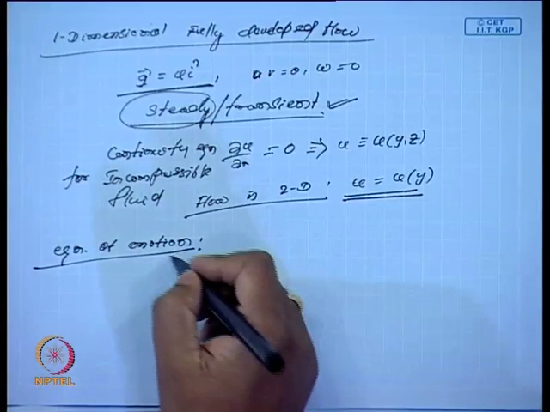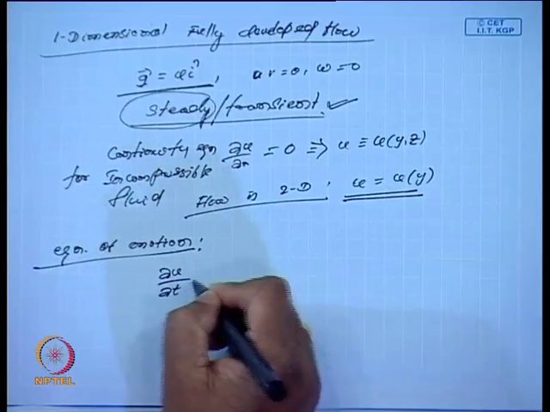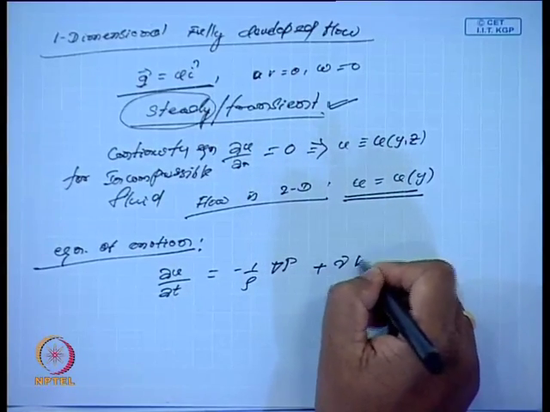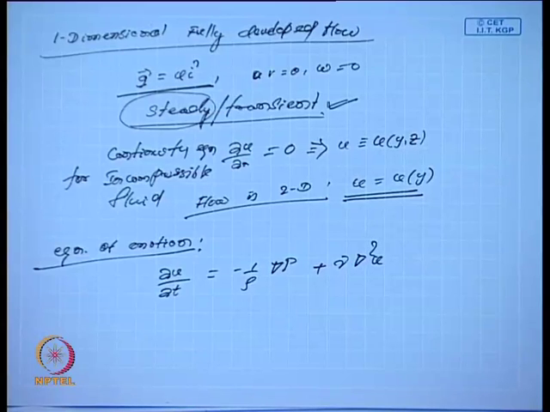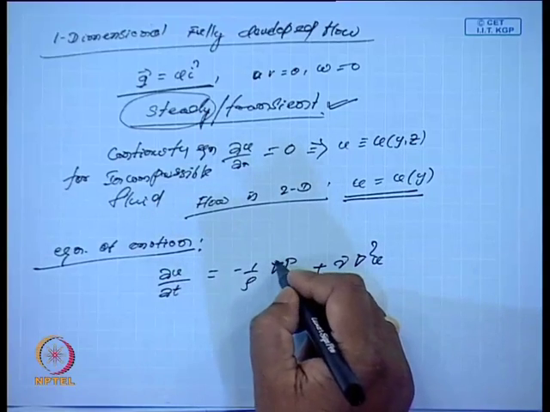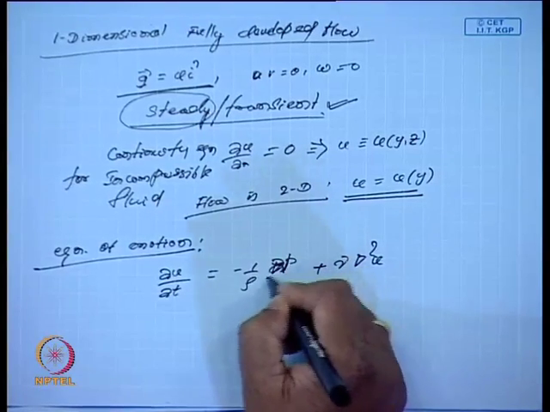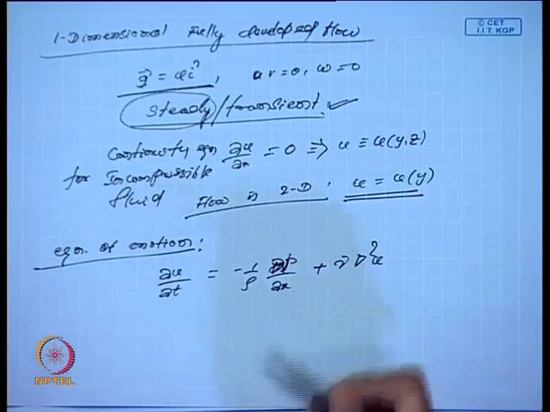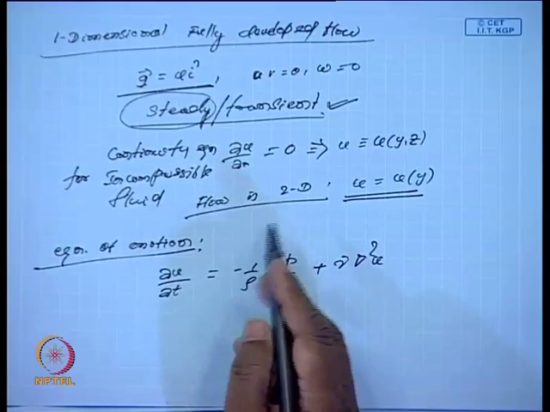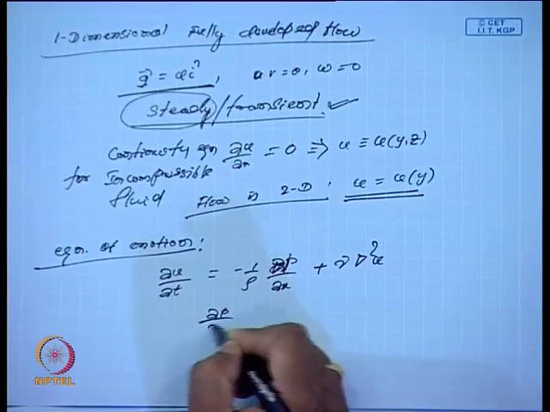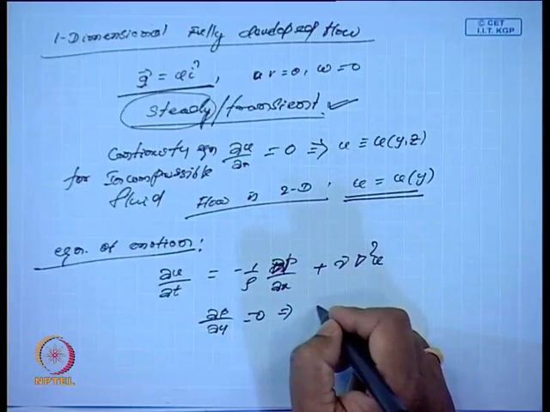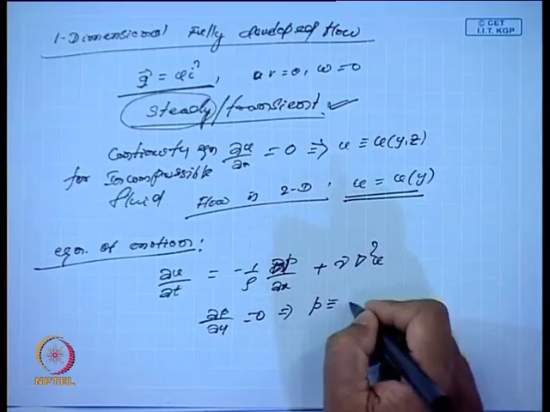Since the inertia terms are negligible, del u by del t equals minus 1 by rho grad p plus nu del square u, and this grad p is nothing but del p by del x, because along the x axis this becomes the equation of motion. And again from the y component, for a two dimensional flow, it will give me del p by del y is 0, and once del p by del y is 0, that gives me p is a function of x only.